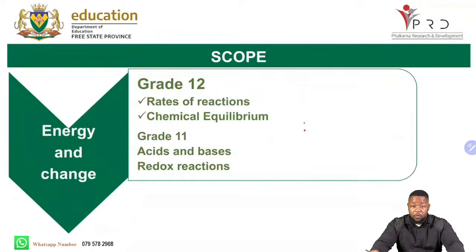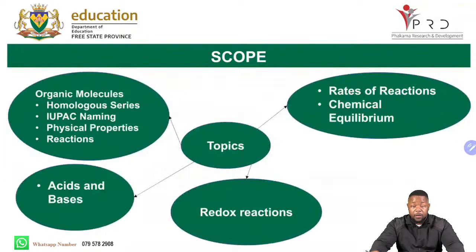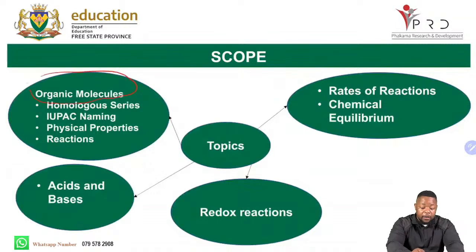Let's look at the scope of our paper. We have the rates of reactions. We have the chemical equilibrium. From grade 11, we have acids and bases, redox reactions that we have learned there. All of these topics are going to be in your examination. In total, we are going to look at organic molecules, and we're going to focus on the homologous series, the IUPAC naming, the physical properties, and the organic reactions.